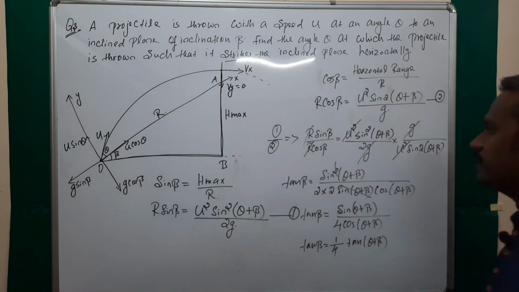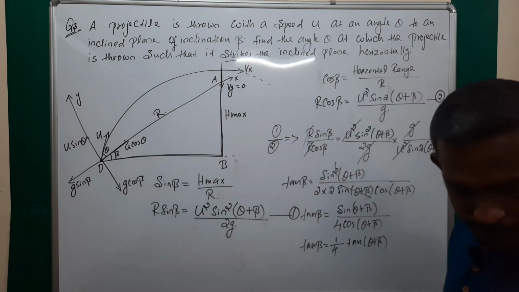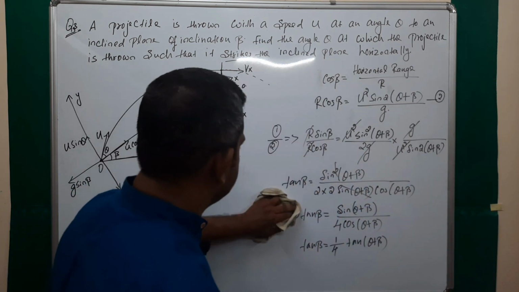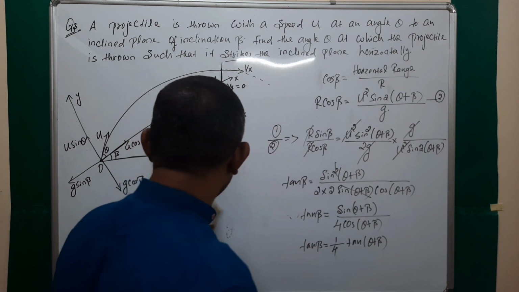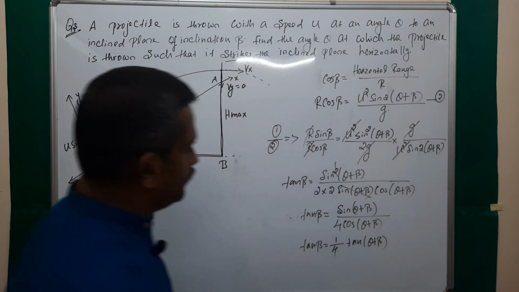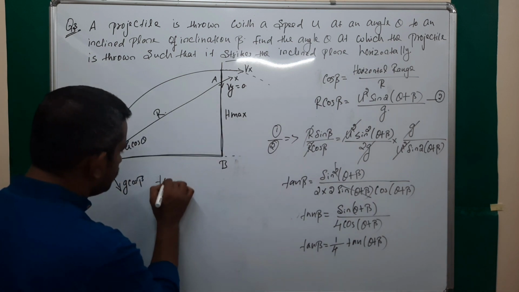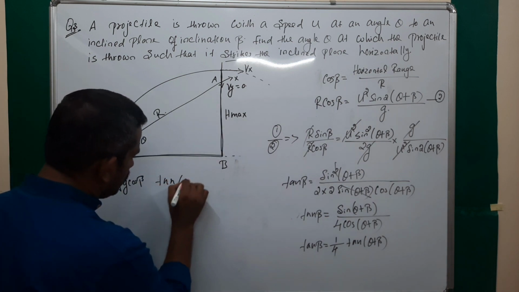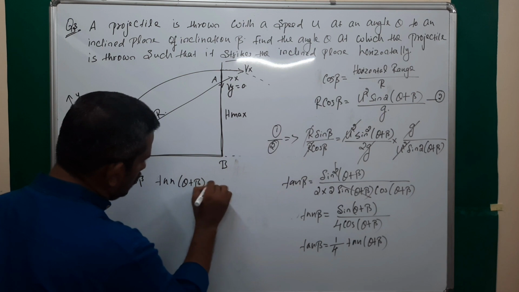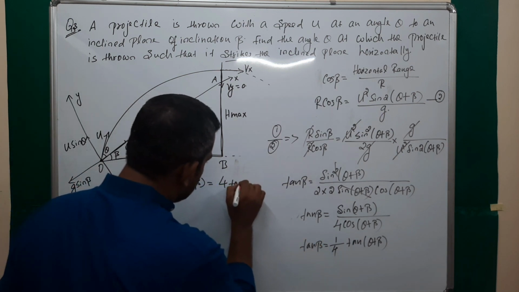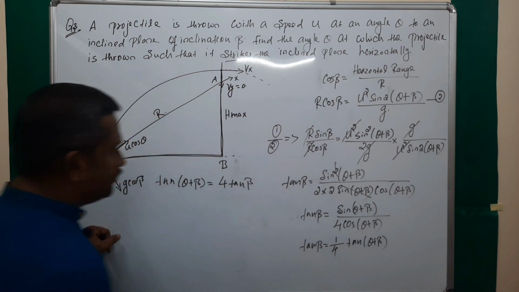So from this, tan theta plus beta is equal to 4 tan beta.